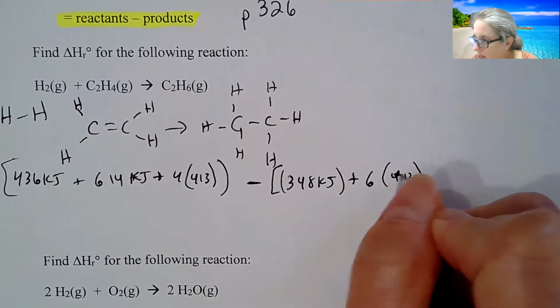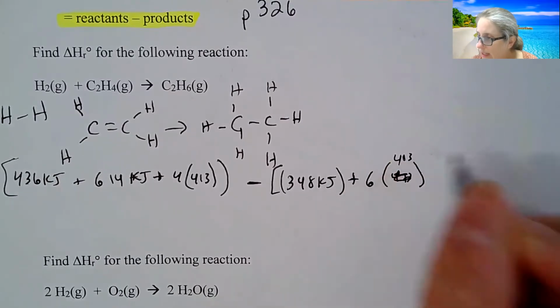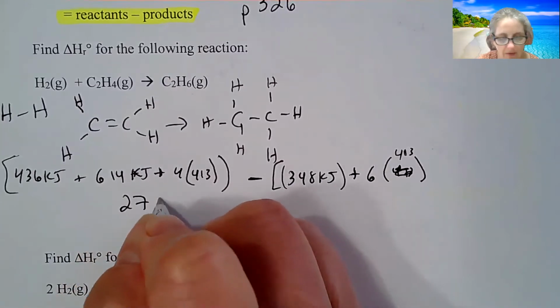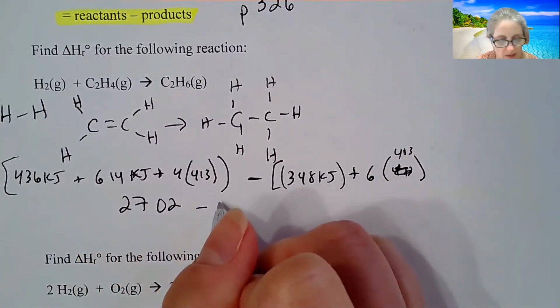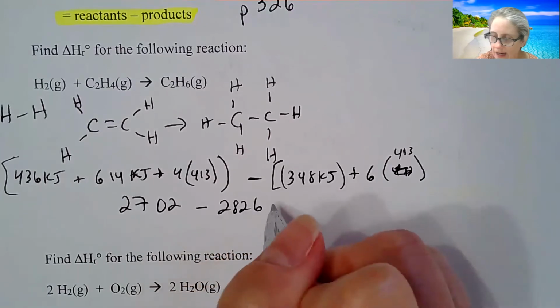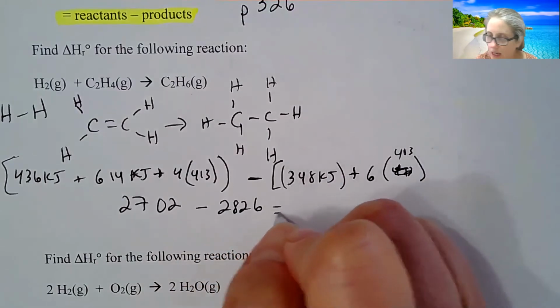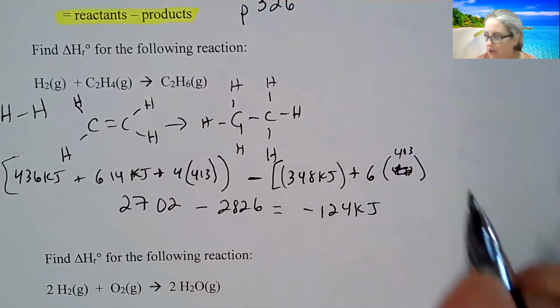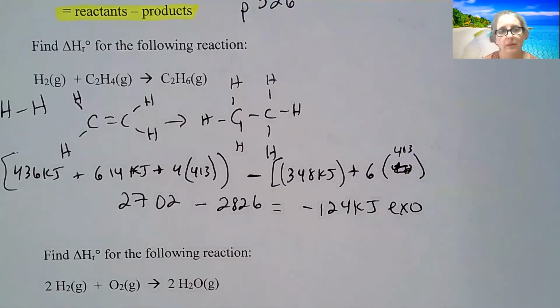When I put this all together, the reactant side comes out to be 2702 and the product side about 2826. I end up with a negative 124 kilojoules of energy. So this is an exothermic process.